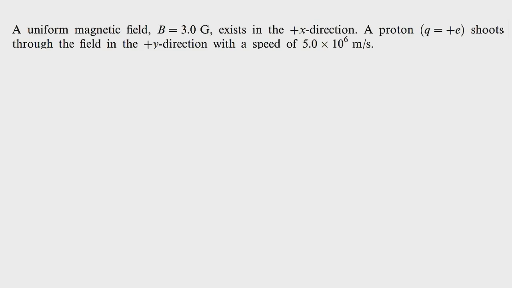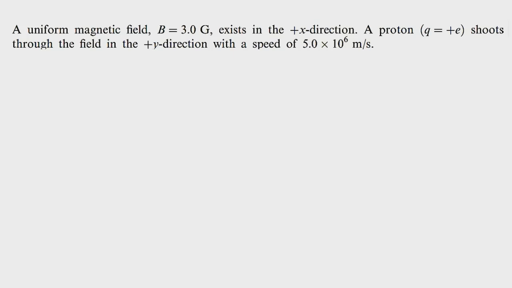In this example, a uniform magnetic field B is equal to 3.0 Gauss. Gauss is equal to 1 times 10 raised to the negative 4 Tesla. It exists in the x direction.